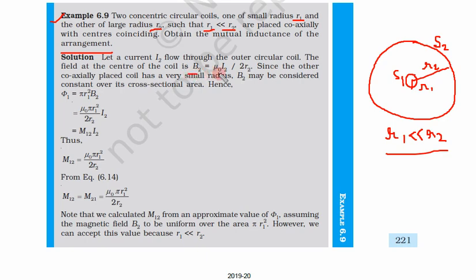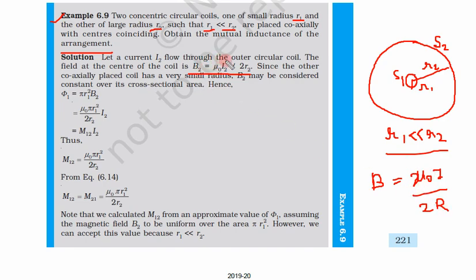See, this magnetic field is for a loop, at the center of a loop, because this is not a solenoid. So we use the formula that we have learned at the center, mu naught I upon 2R.